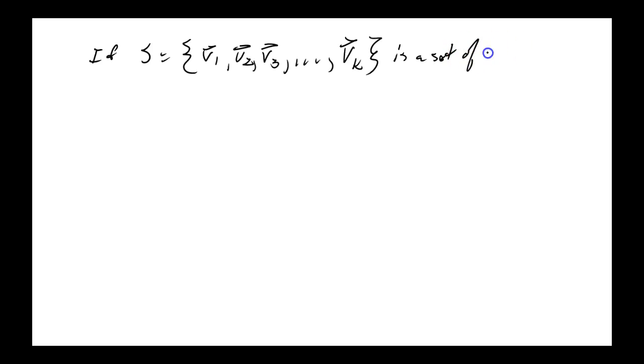Is a set of vectors in the vector space V, then the span of S is a subspace of V.